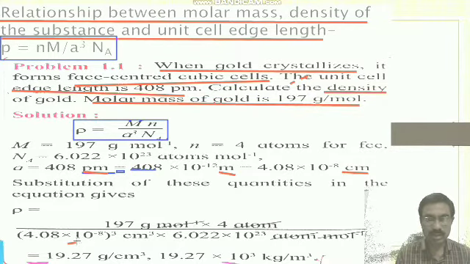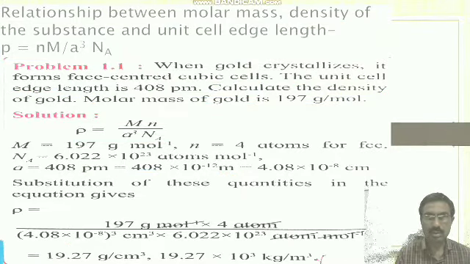When we calculate this value, we get 19.27 gram per centimeter cube, or 19.27 multiplied by 10 raised to 3 kilogram per meter cube. This is an example of how to calculate the density of a given substance.